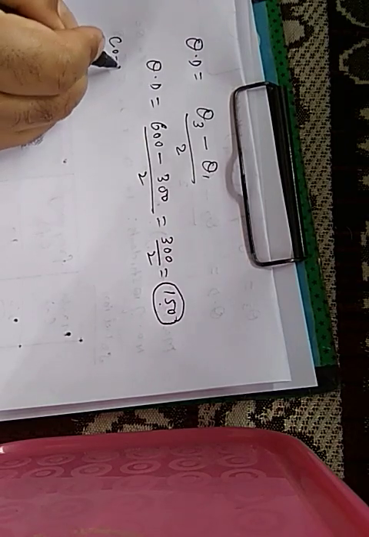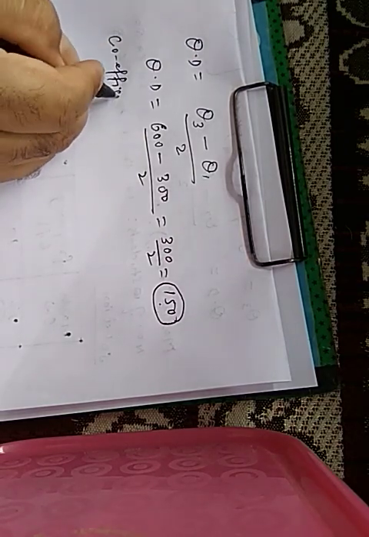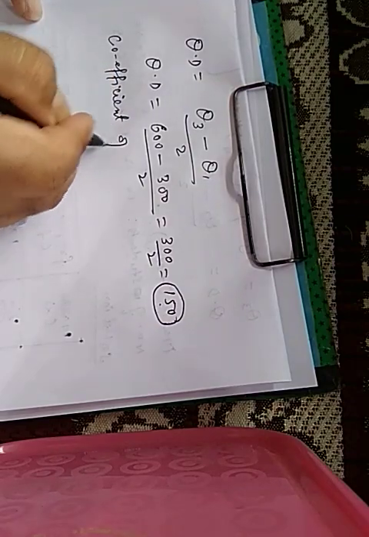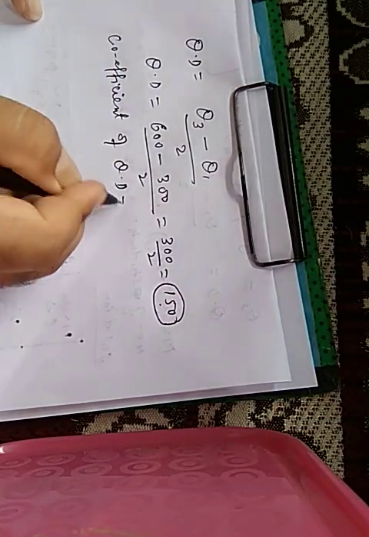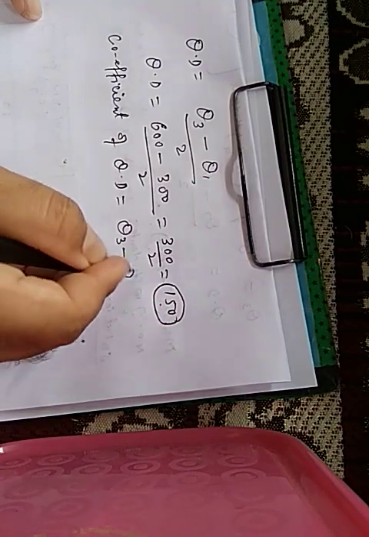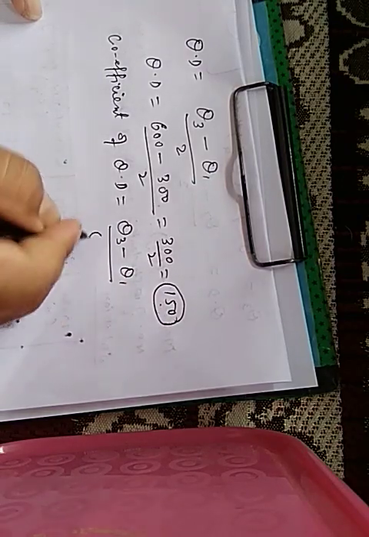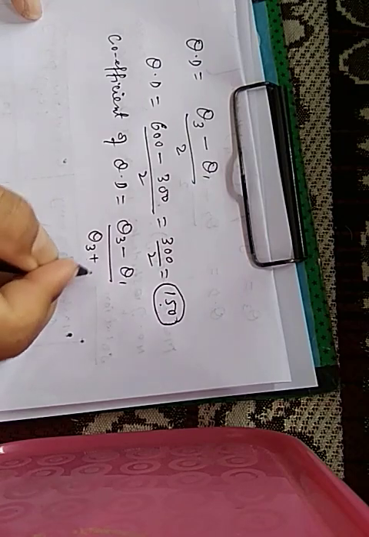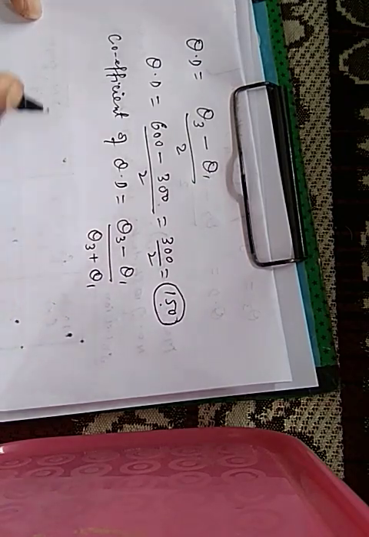And coefficient of quartile deviation is equal to value of third quartile minus value of first quartile divided by value of third quartile plus value of first quartile.